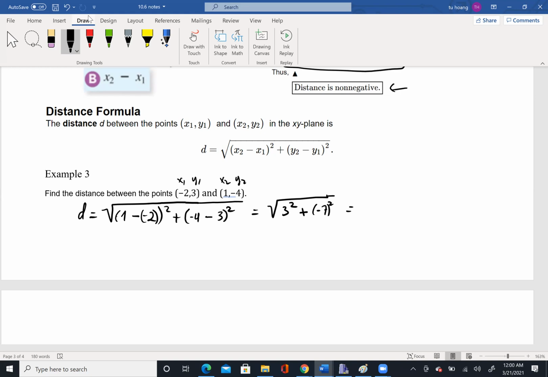Let me make sure. So I have the square root of 58. And if you use a calculator, you will notice that this gives me 7.62. This is the distance between the two points above.